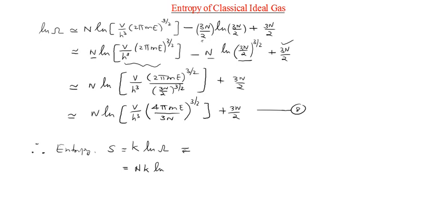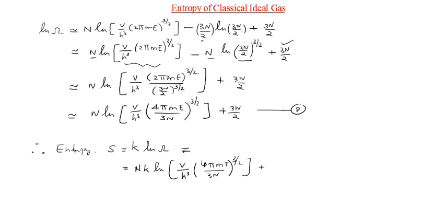This is a standard expression that you will be finding in many of your StatMech textbooks. V by h cubed, no other changes elsewhere, 4 pi m e by 3n, whole raised to 3 by 2, plus what?